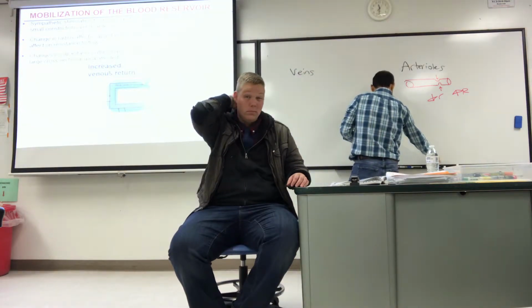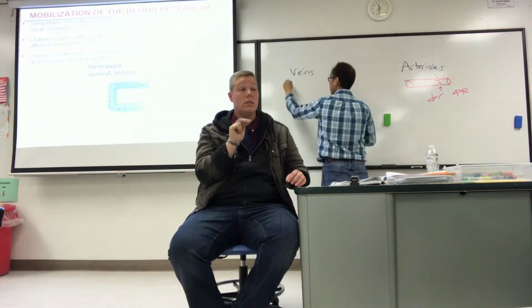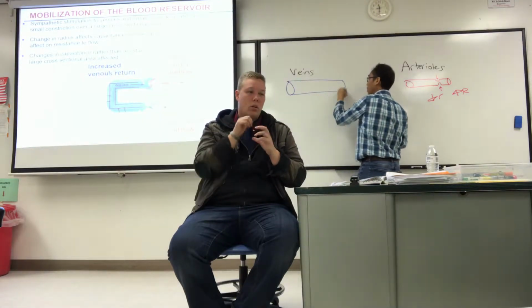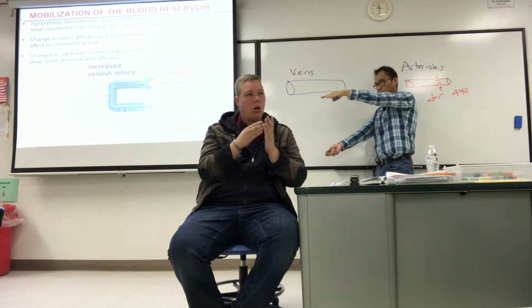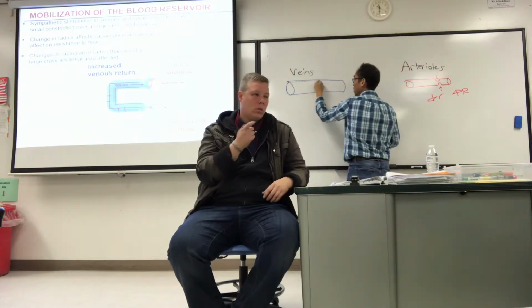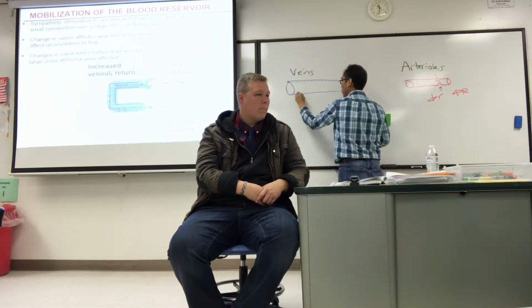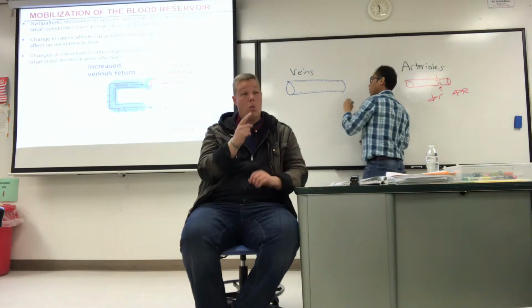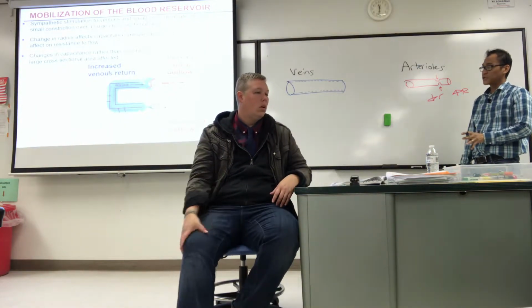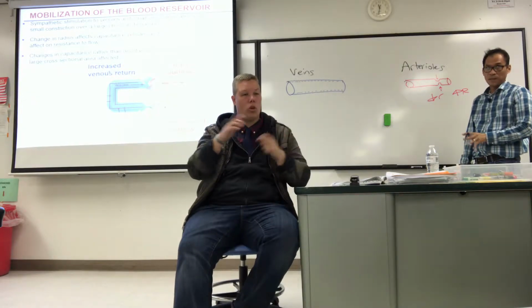For veins, you're not clamping down on one part. You're just taking the whole tube and shrinking it just a little bit, say like just that much. And you're doing it not at one location, but over the entire length of the tube, a larger area. So you affect a larger cross-sectional area, but less so.